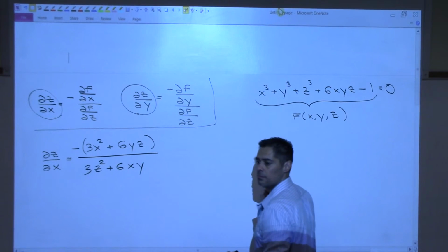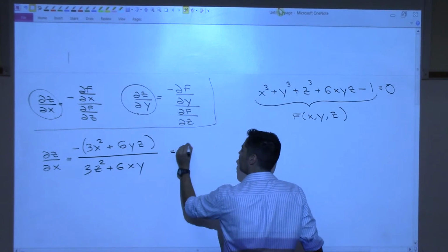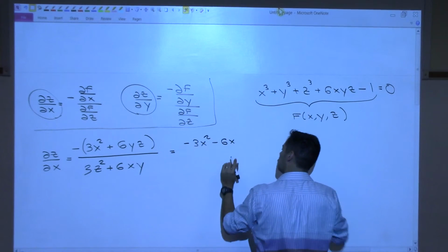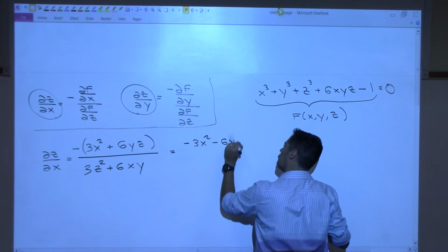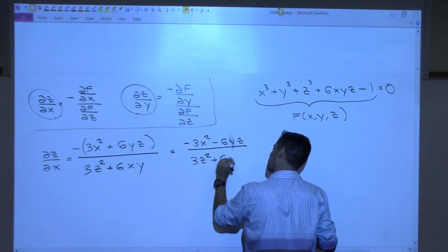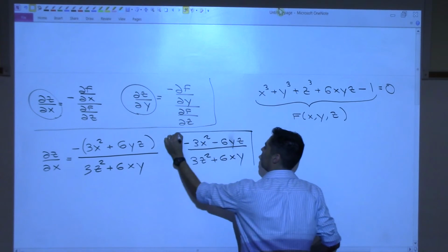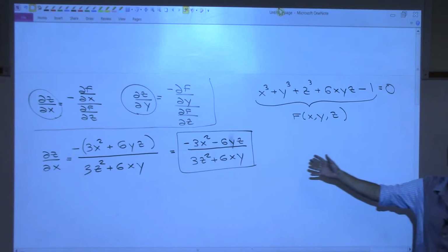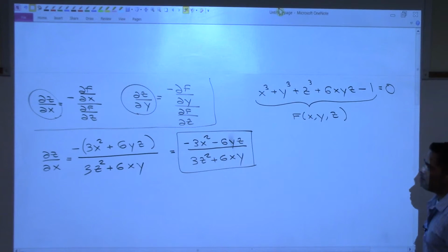We good? Distribute negative: 3x squared minus 6yz over 3z squared plus 6xy. There it is. That wasn't so bad, was it? Do you see how quick that was? Okay. Now we could do the other one.